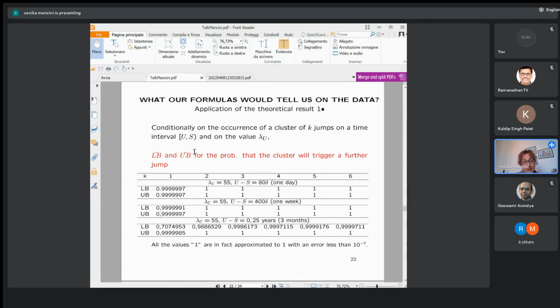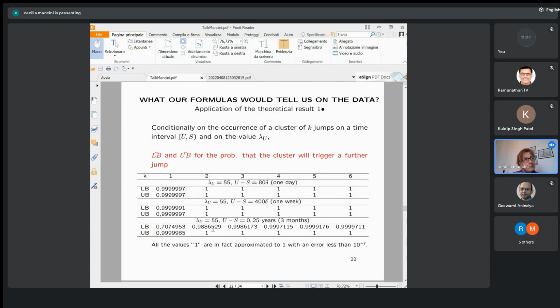As K increases, this probability increases. As the interval US is larger, the probability decreases. But note that all these probabilities are quite close to 1.